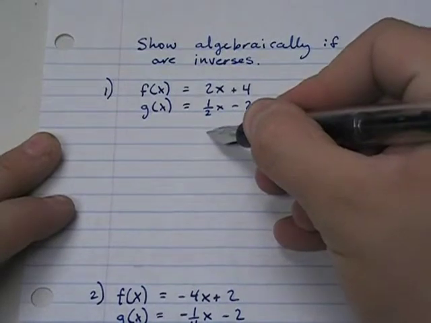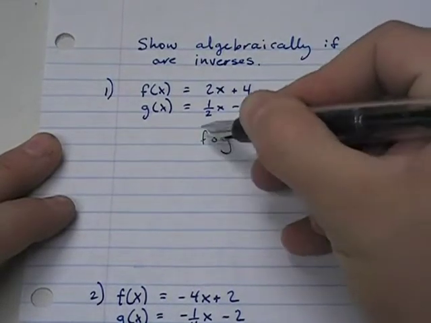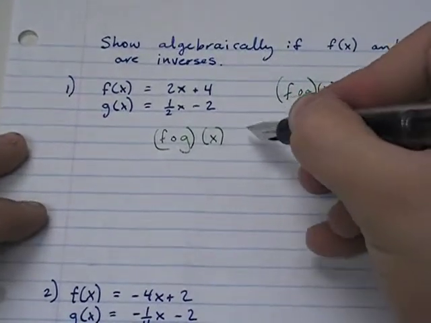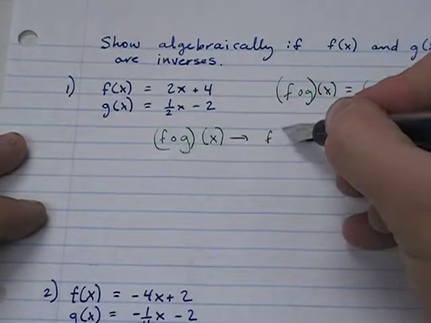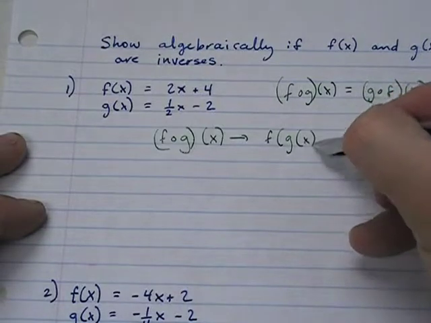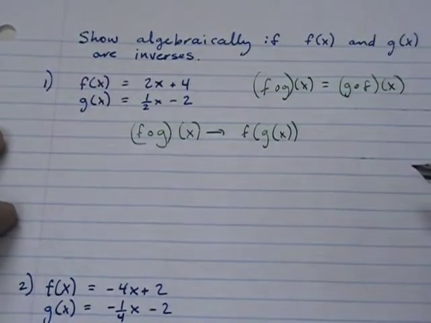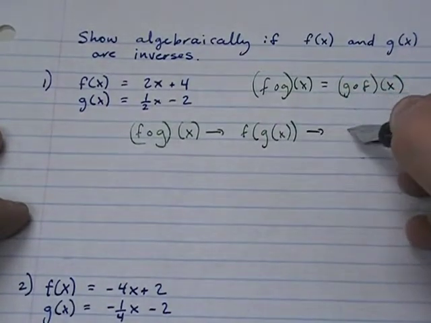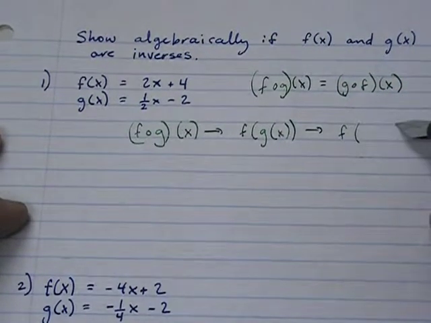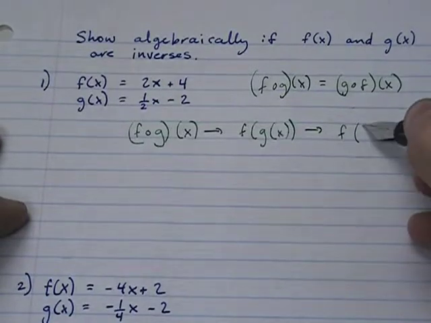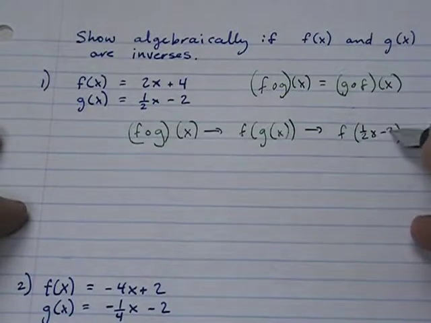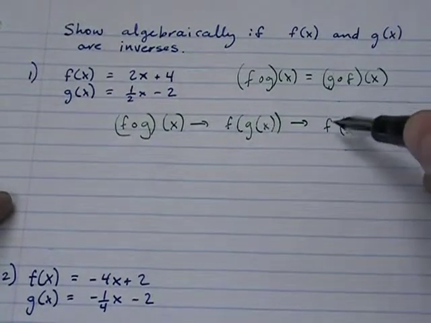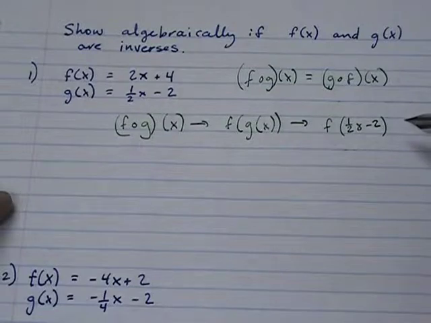So I start with f of g of x. I like to write that this way, which is f of g of x. Well, what is g of x? G of x is 1/2 x minus 2. So f of g of x is f of 1/2 x minus 2.